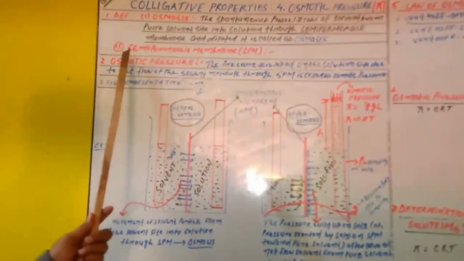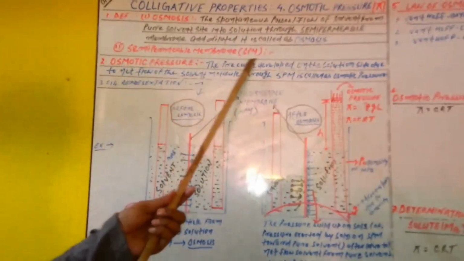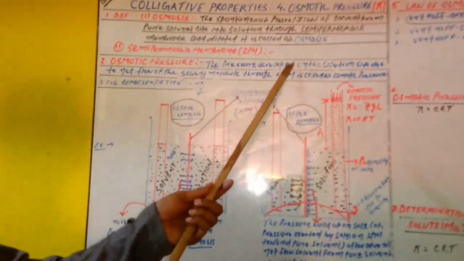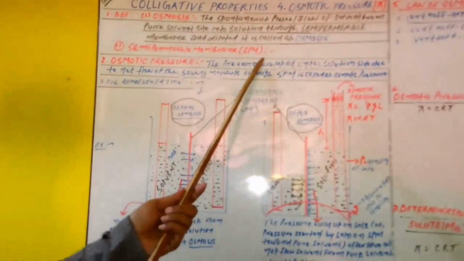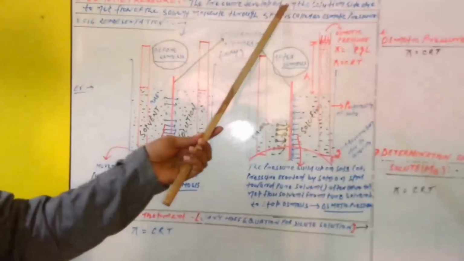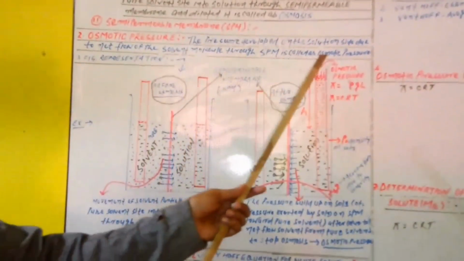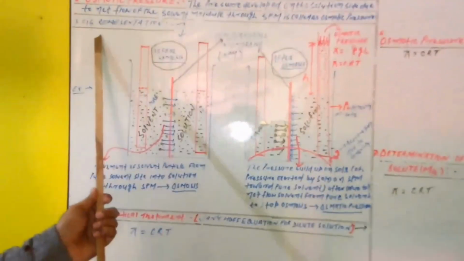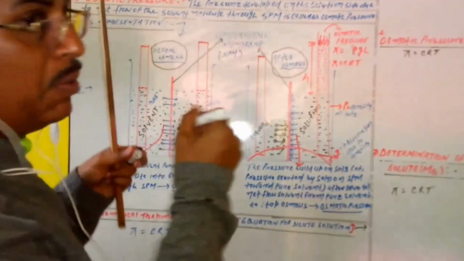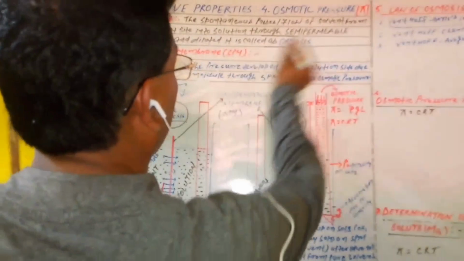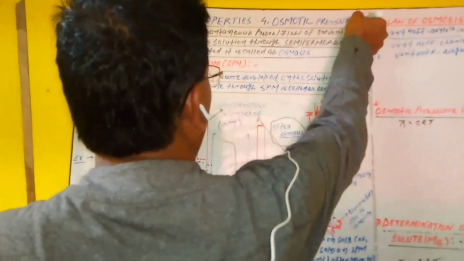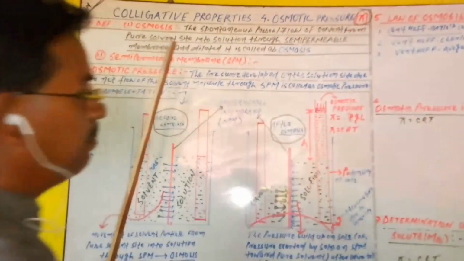The pressure exerted, developed or offered by the higher concentrated solution on the solution side due to the net flow of solvent molecules through a semi-permeable membrane is called osmotic pressure. It is denoted by pi.